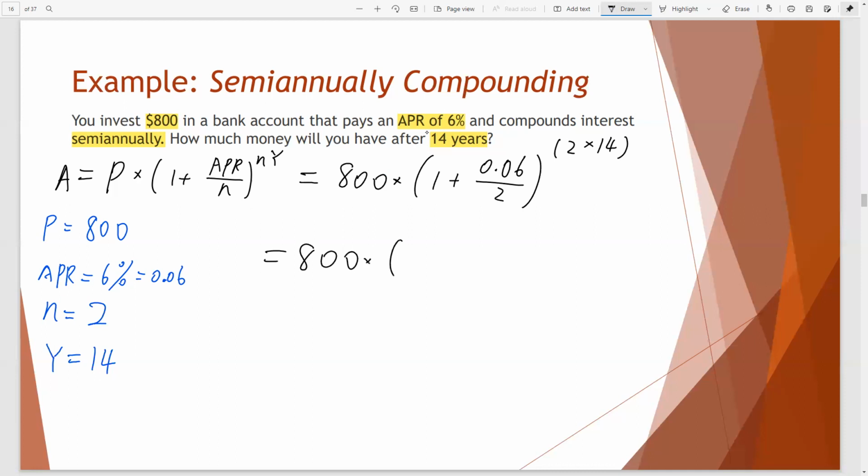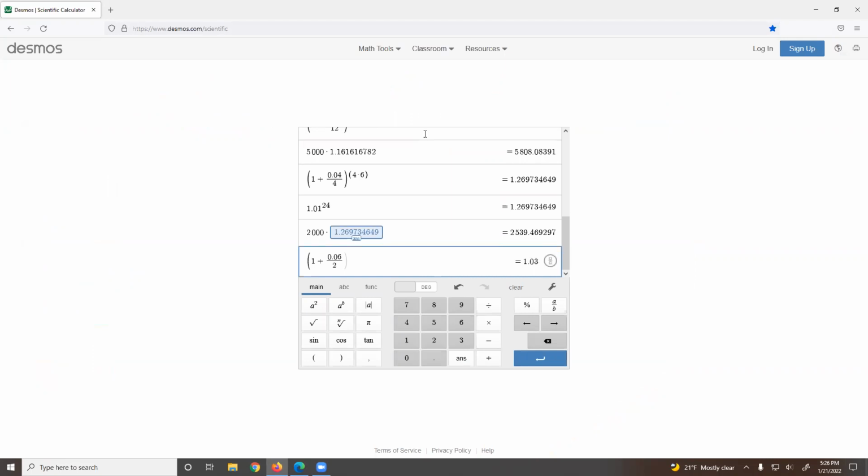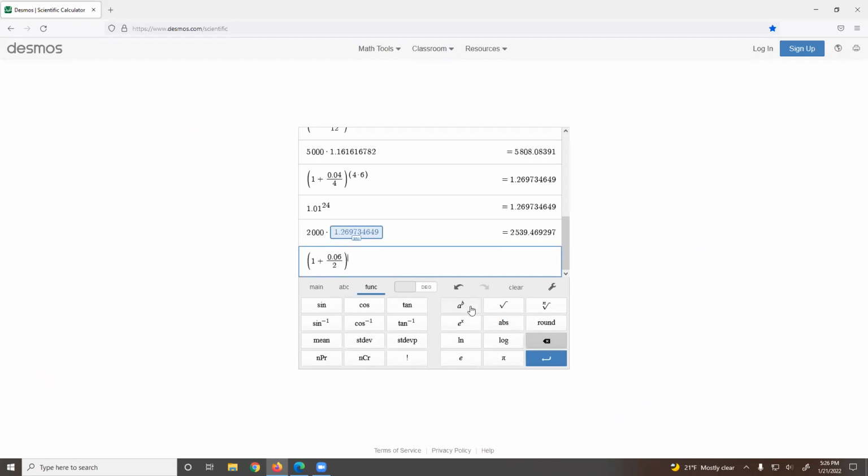I still recommend getting the whole thing done together. 1 plus 0.06 divided by 2 raised to the power of 2 times 14.